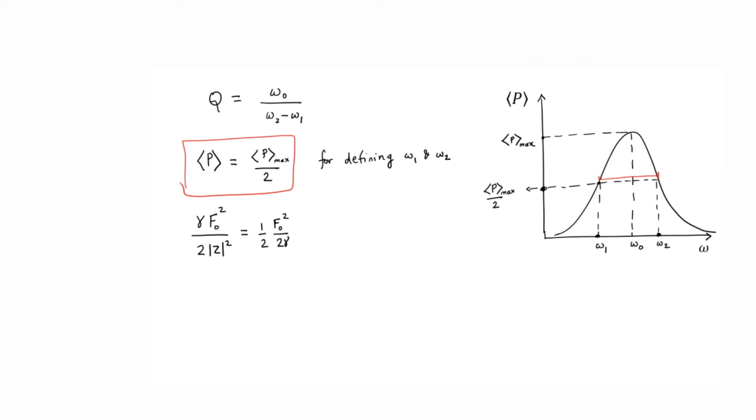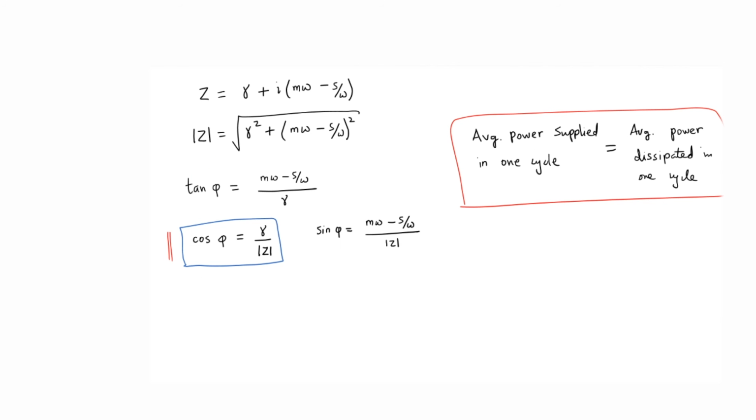So, this is the condition that we have, and if you cancel out various things here, because for example, this would cancel out, 2 would cancel out, this equation would simply reduce to mod z squared is equal to 2 times gamma squared. And now, let us go back to the definition of modulus of z squared, which we can just get from this relation here.